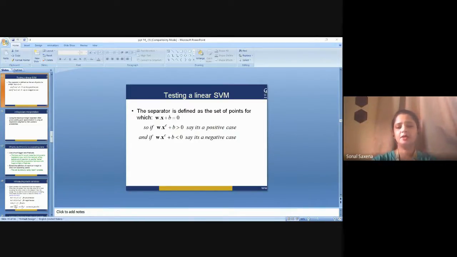Now an important consequence of this geometric description is that the maximum margin hyperplane is completely determined by the x_i vectors that lie nearest to it. So these x_i are called support vectors. So this was about the hard margin.